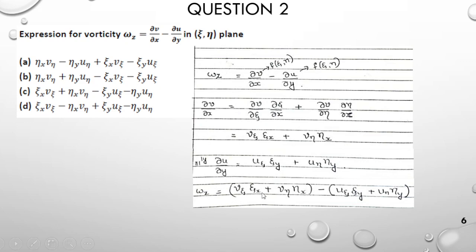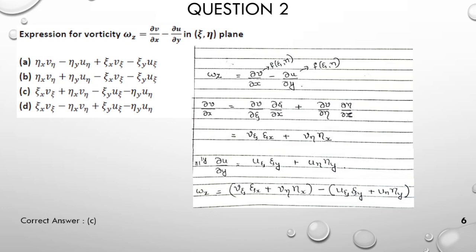V zeta and zeta x, we have it in the third and fourth options, and then v eta and eta x in the positive sign. So yeah, all the terms are correct. It should be option number C. Yes, option number C should be the correct answer for this question.